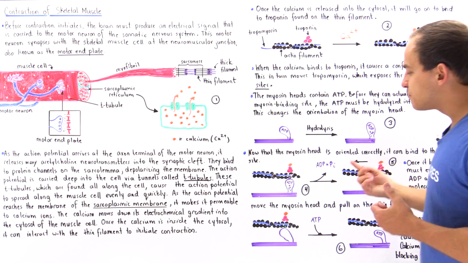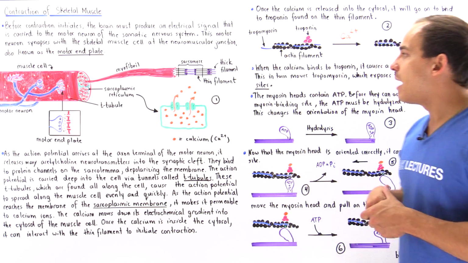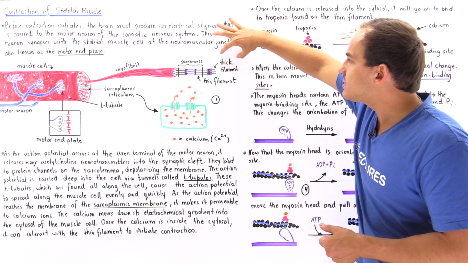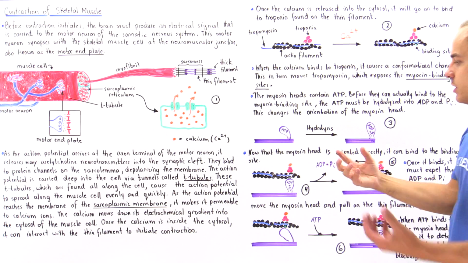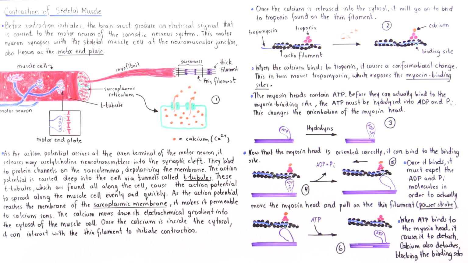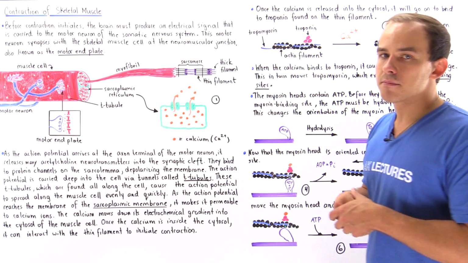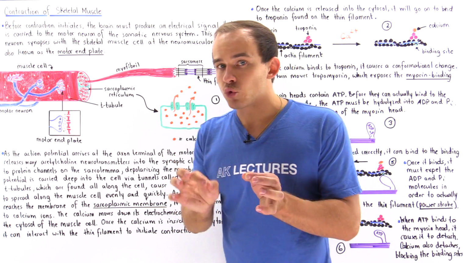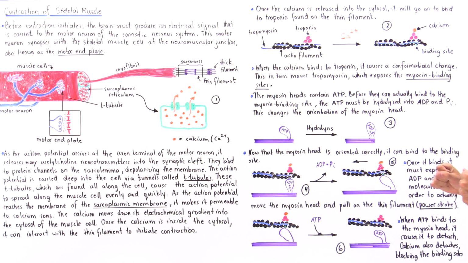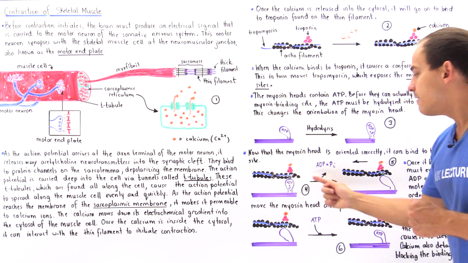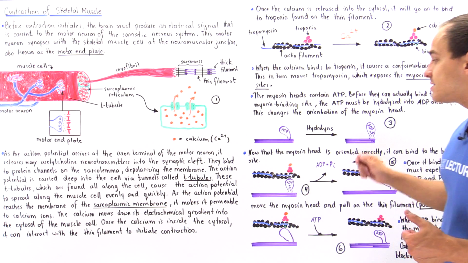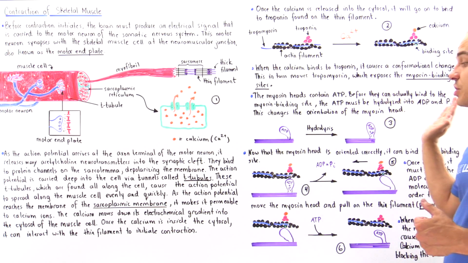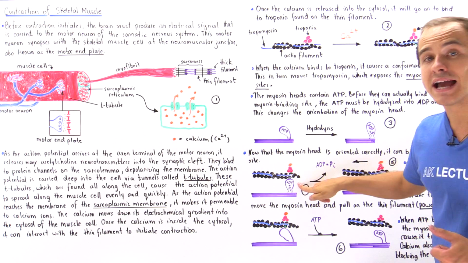Now, what takes place once they actually bind? Once the thick filament and our thin filament bind to each other as a result of our myosin head, step number 5 takes place. In step number 5, the phosphate group and the ADP group are released from our myosin head. And as this is released, that causes the change in orientation of the myosin head.